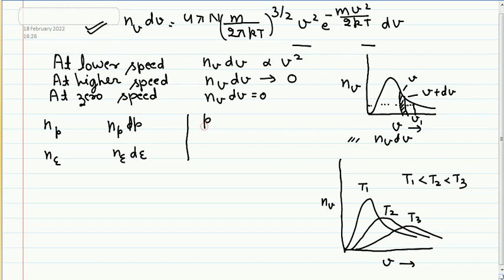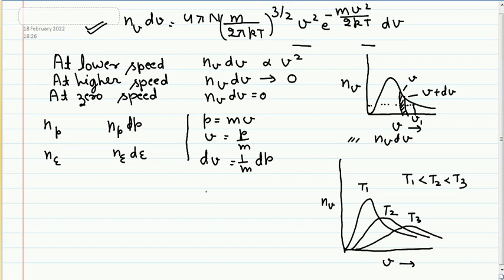We know that p is equal to m into v, so velocity is equal to p by m. So in this equation, wherever there is a velocity term, we will write the velocity in terms of the momentum, and also we will replace dv as 1 by m into dp. So we have to replace this v and also this dv.